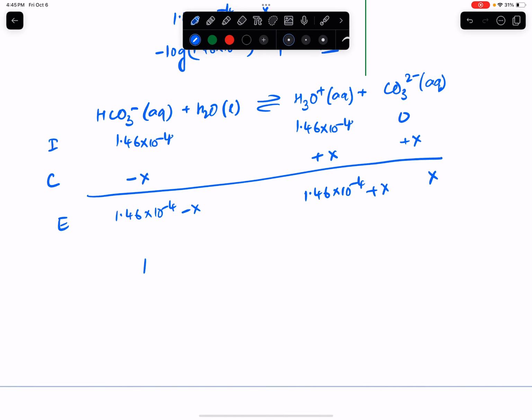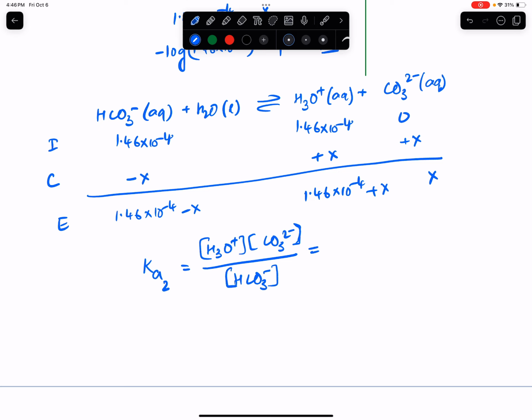And now the equilibrium constant, Ka2, because this is the second ionization, is equal to the concentration of H3O plus times the concentration of CO3 2 minus divided by the concentration of HCO3 minus, which is equal to 1.46 times 10 to the minus 4 plus x times x, over 1.46 times 10 to the minus 4 minus x.